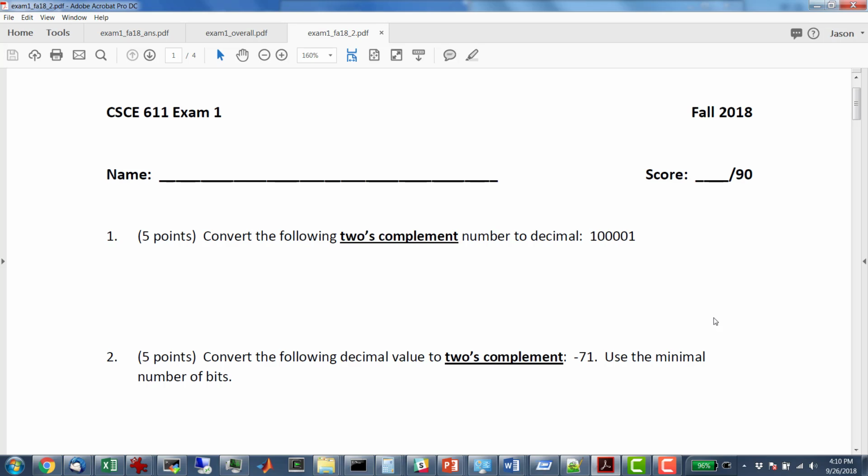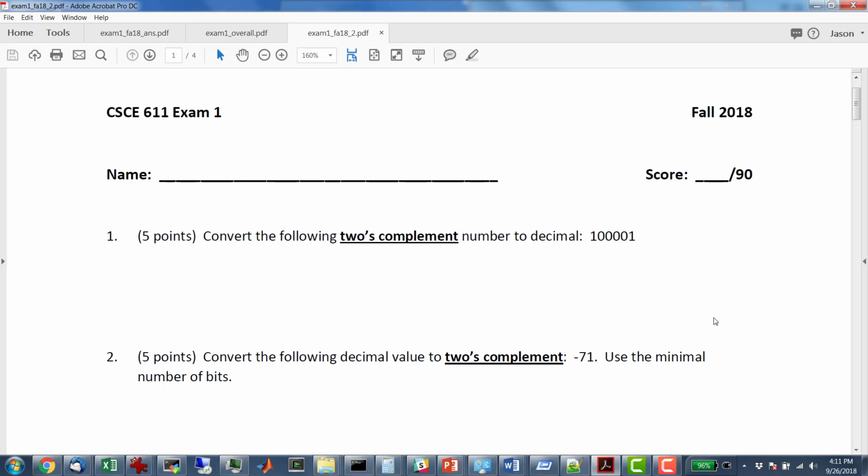Now we can double check that. This is bit 0, 1, 2, 3, 4, 5, 6. So this is 2 to the 6 plus 2 to the 2nd plus 2 to the 1st plus 2 to the 0th, which is 64 plus 7. So that should give us 71. So that allows us to double check it. Now to convert this to 2's complement, we have to invert all the bits.